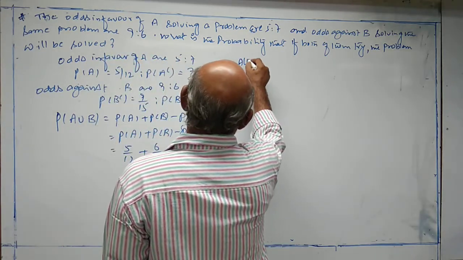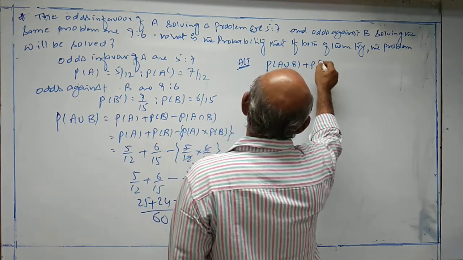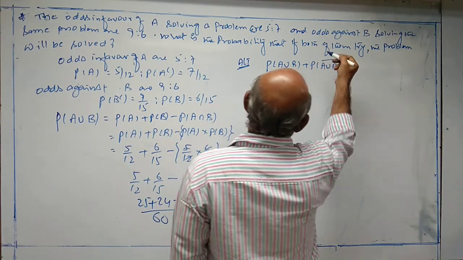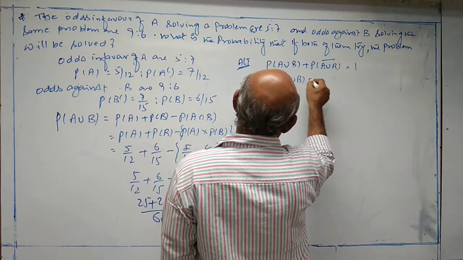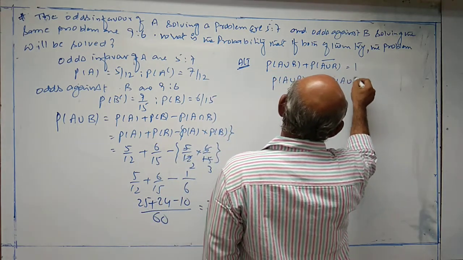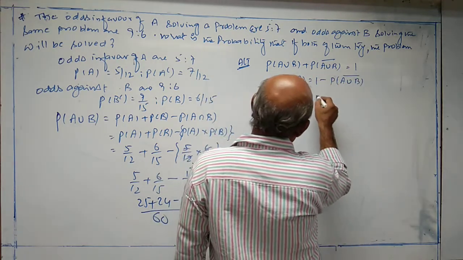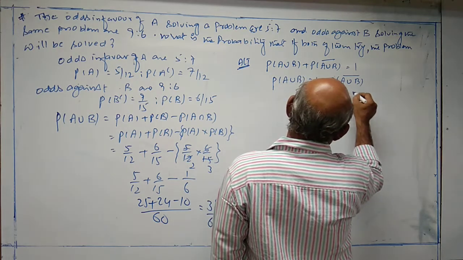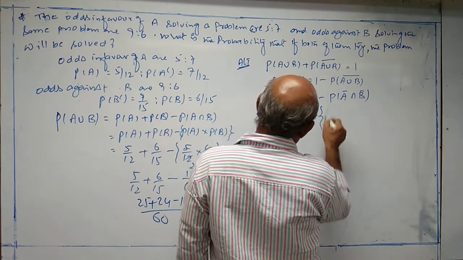Let us see the alternative approach. P of A union B plus P of A union B complement is 1. P of A union B is 1 minus P of A union B complement, which is 1 minus P of A complement intersection B complement.